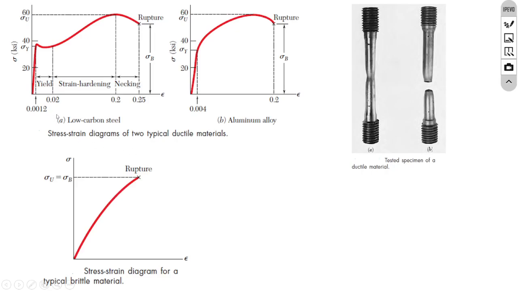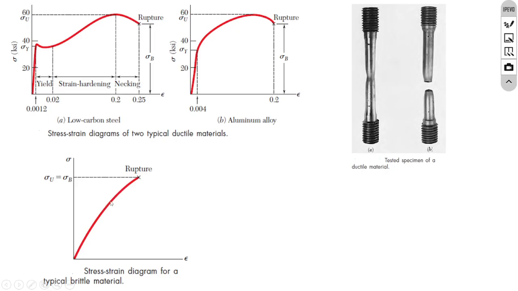In this figure, we see the stress-strain diagram for low carbon steel. This is for aluminum alloy, but that one, you see, there is no yielding. Increase the load, have the strain.